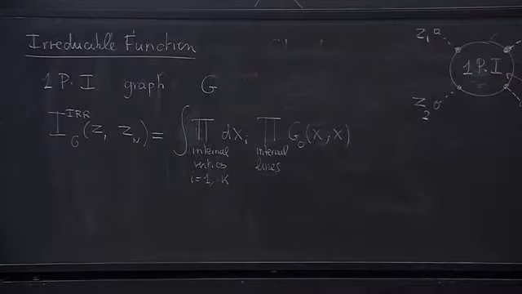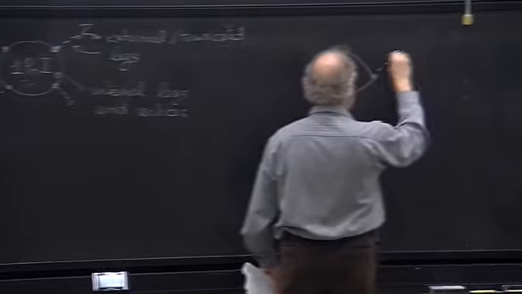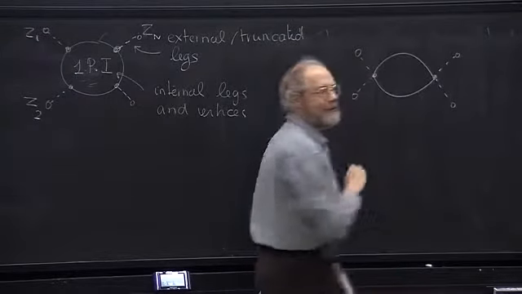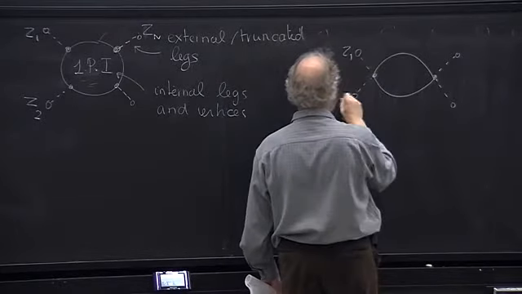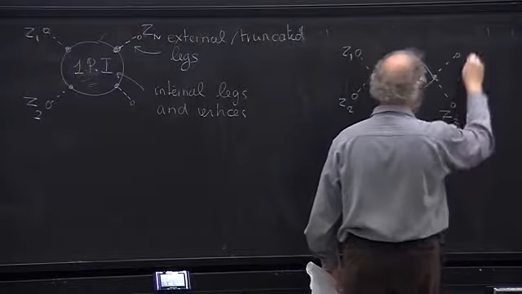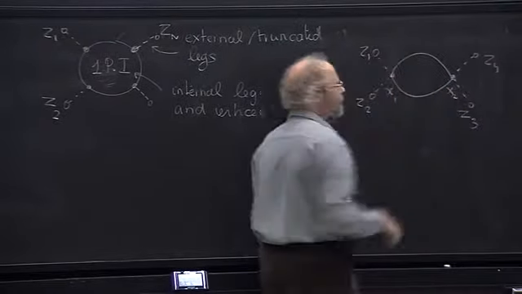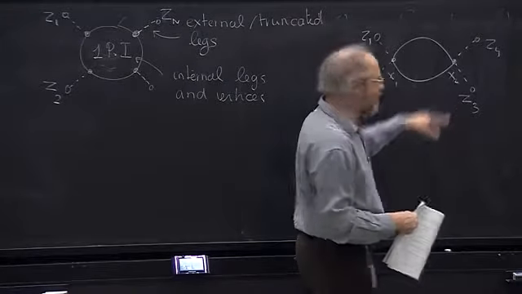So for instance, let's consider this diagram. This diagram has 4 external lines, Z1, Z2, Z3, Z4, and 2 internal lines. So I have G of x1 minus x2 squared for this diagram.